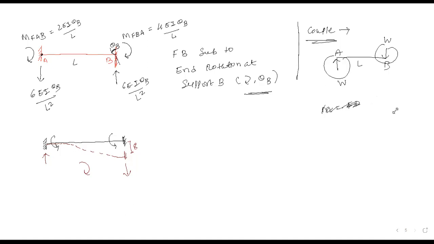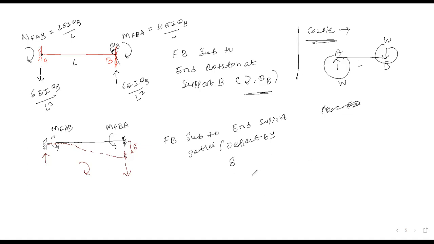Okay, so now this is your delta. So what is your moment? Both moments will have the same sign, anti-clockwise. So I am mentioning here MFAB, MFBA. So can we write here: fixed beam subjected to support settlement or deflection by delta.